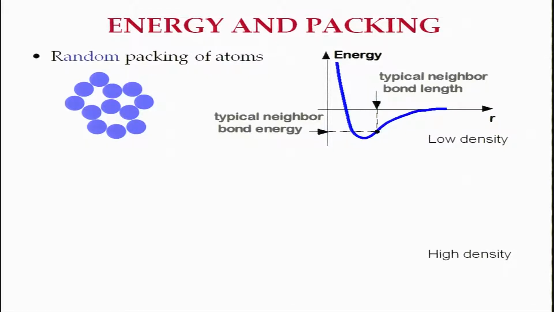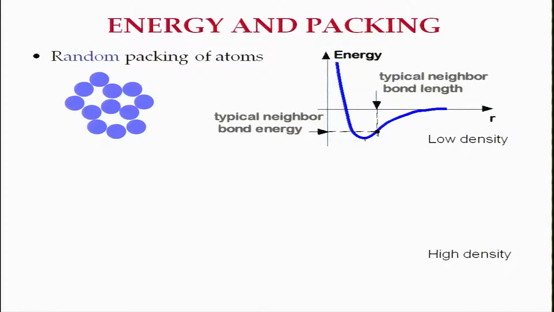As a result, you can draw the energy versus distance configuration. These systems, as you can see, are typically low energy, low density systems, and they have lower bond energy as compared to the ordered ones.